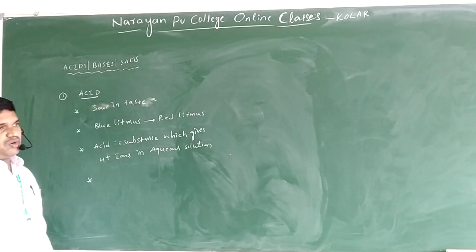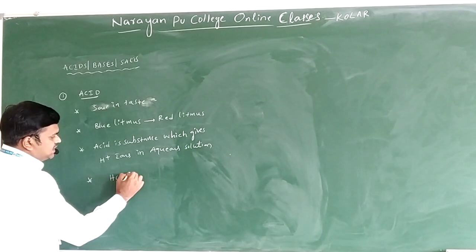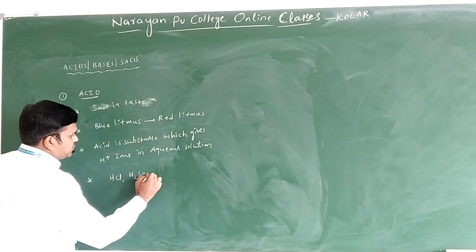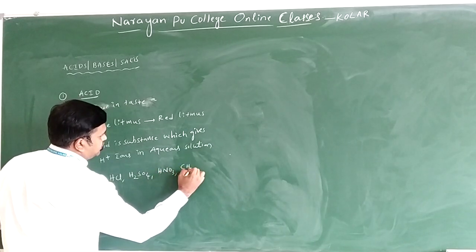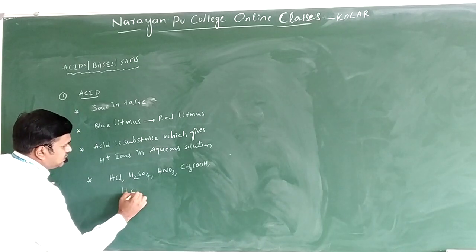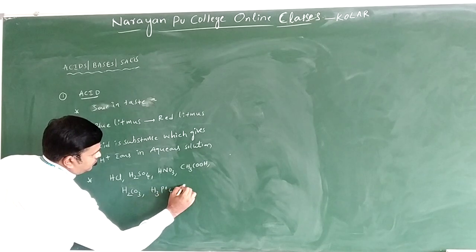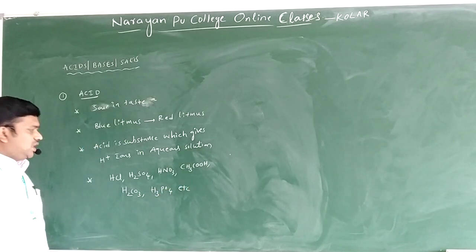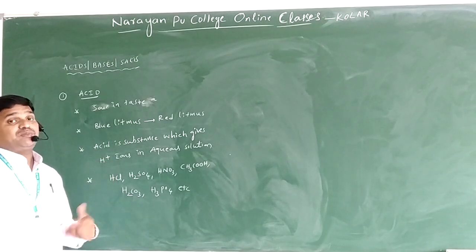So what type of compounds generally come under this category? We can take HCl, H2SO4, HNO3, CH3COOH, H2CO3, H3PO4, etc. If these compounds are in aqueous solution, they give H plus ions.